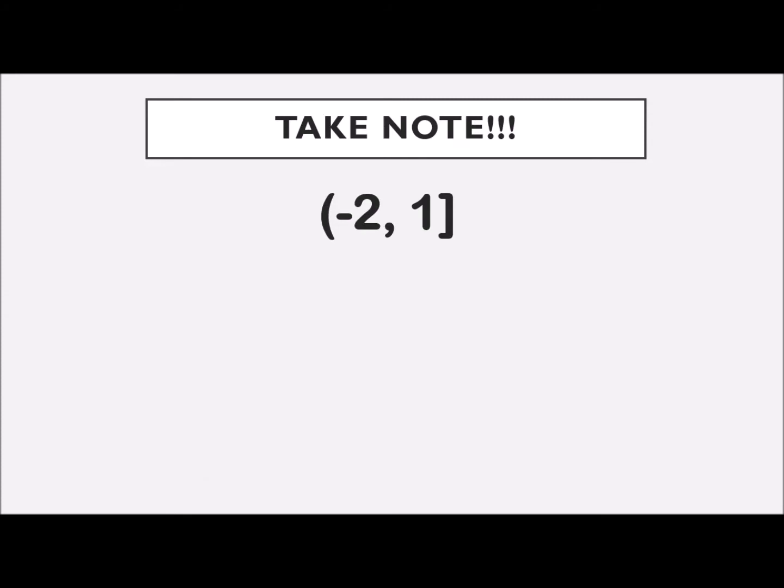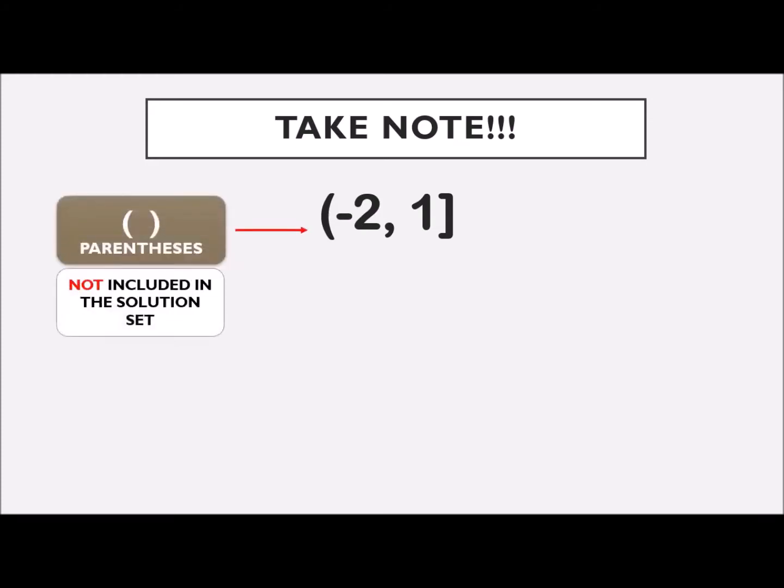So may ibang ibig sabihin yan. Pagka parenthesis ang ginamit, it only means that that is not included in the solution set. So, these two numbers do not represent an ordered pair. Kasi di ba karaniwan, yan yung value ng x at saka ng y. But by this video lesson, hindi ibig sabihin yan ay ordered pair.